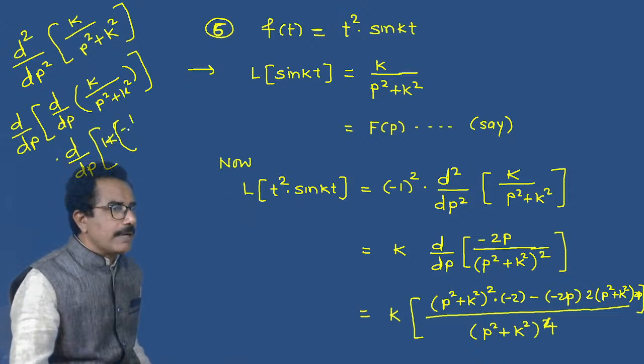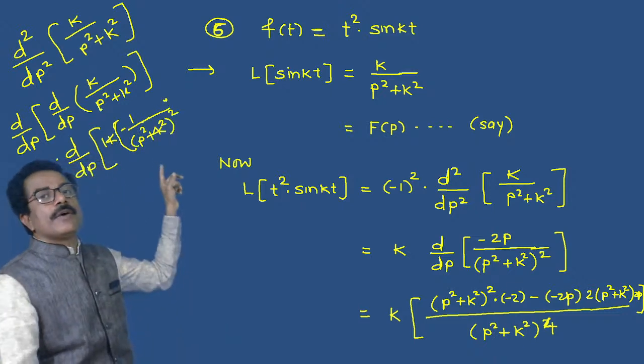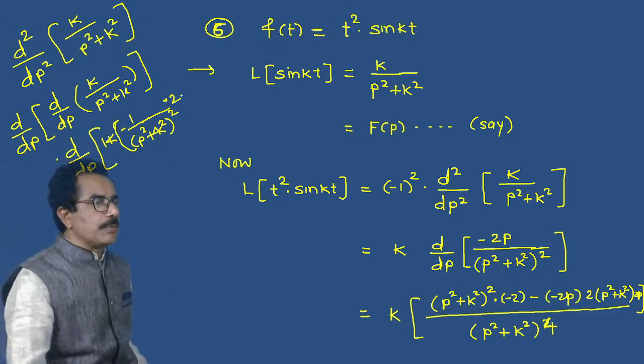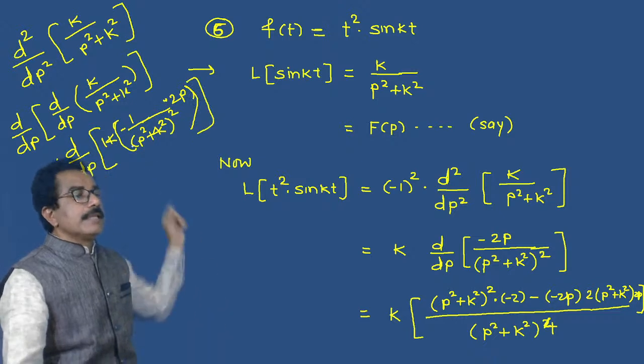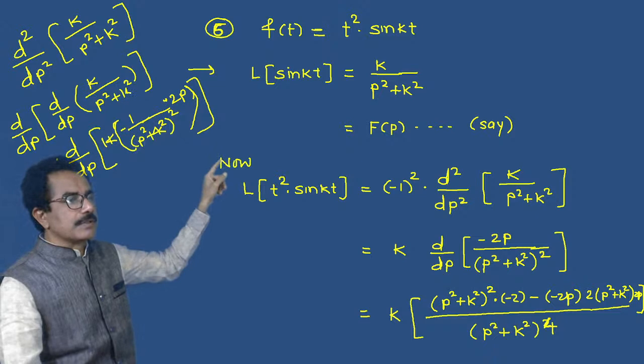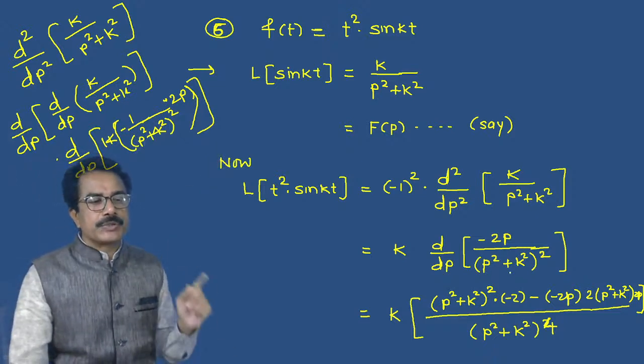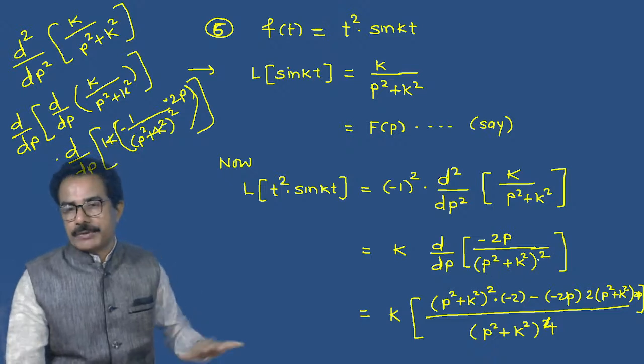Similarly, the derivative of 1 upon p square plus k square is minus 1 upon p square plus k square, bracket square, into the derivative of p square plus k square, which is 2p. So the first order derivative of k divided by p square plus k square is minus 2p upon p square plus k square bracket square.